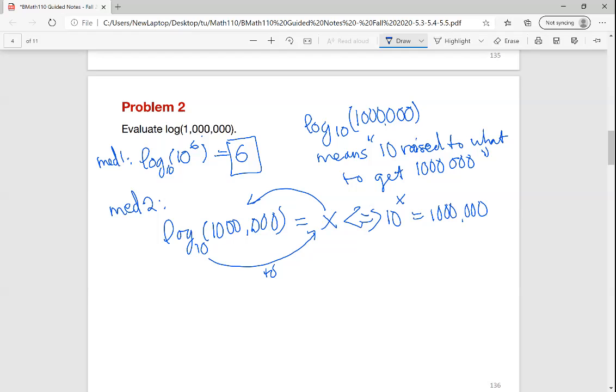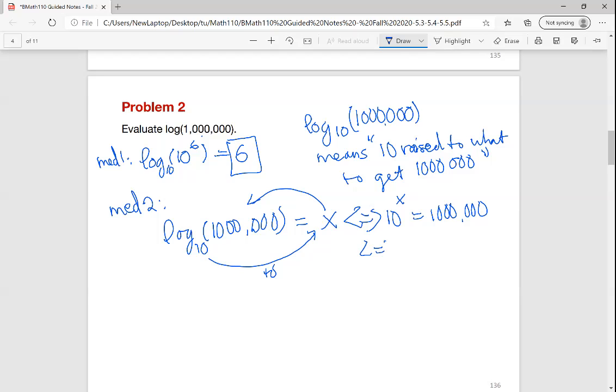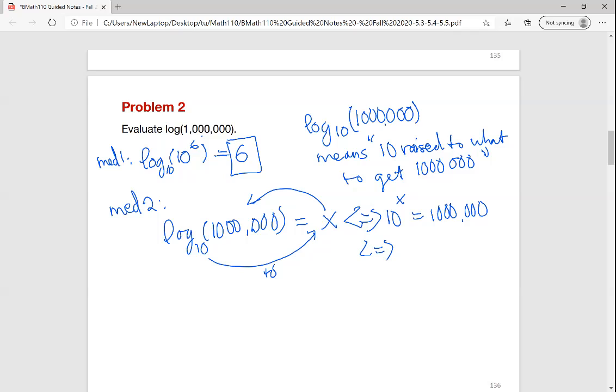Now I want to change the right hand side to have the same base as the left hand side. The left hand side is 10 to the power x, and the right hand side becomes 10 to the power 6. Now you have the same base on both sides, so the powers have to be the same.